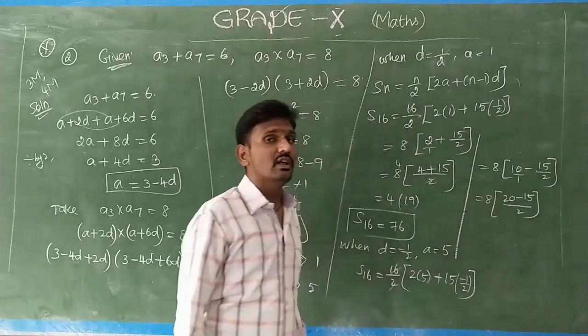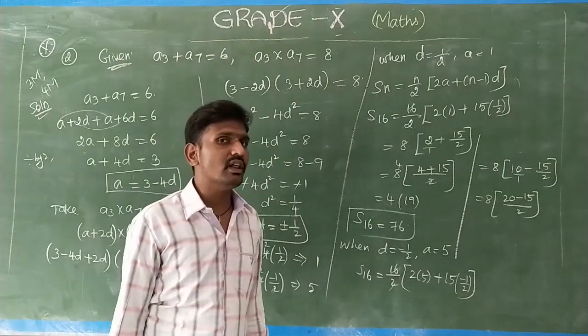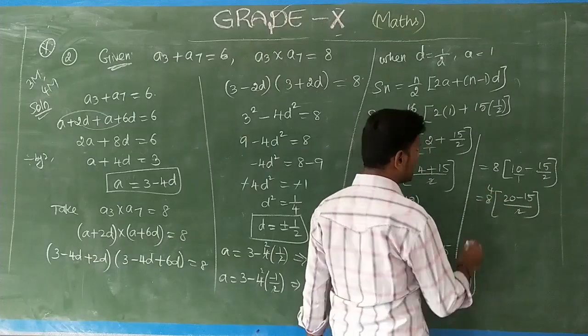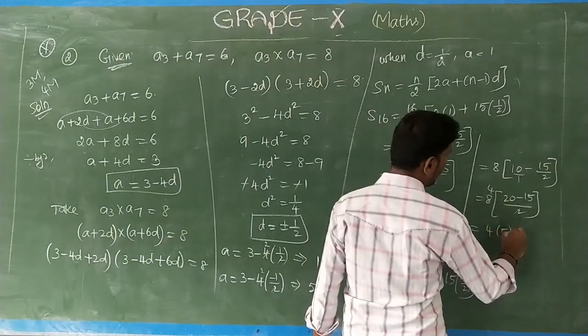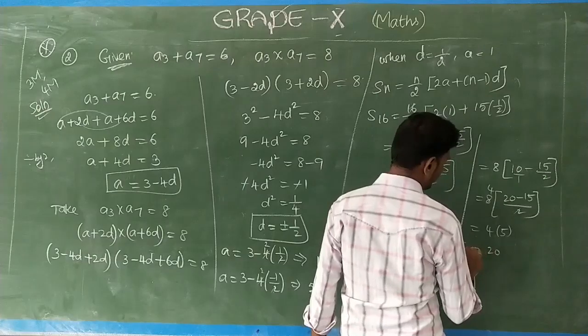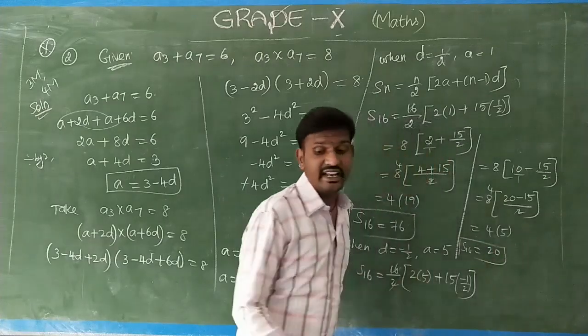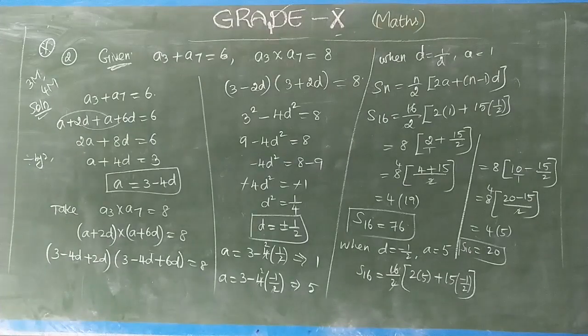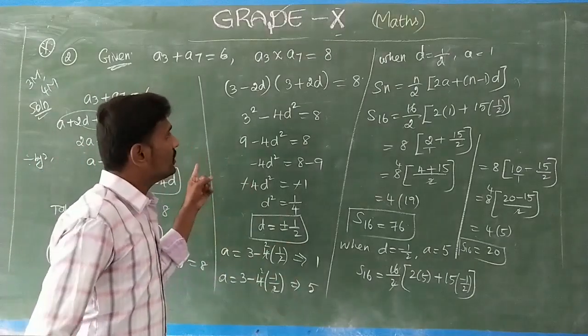So 20 minus 15 is 5, and before that 1 2s are 2, 4 2s are 8. So 4 into 5 is 20. So you are getting two values of S16 for the different values of the first term as well as the common difference. Yes, students, have you got this sum?